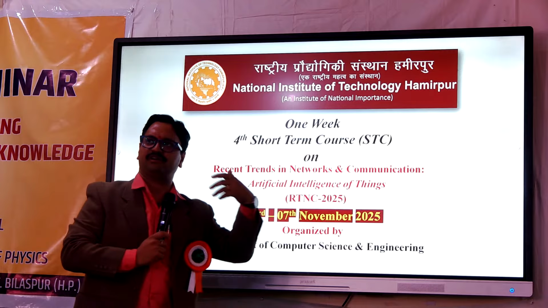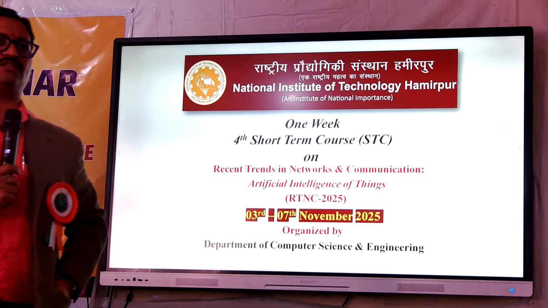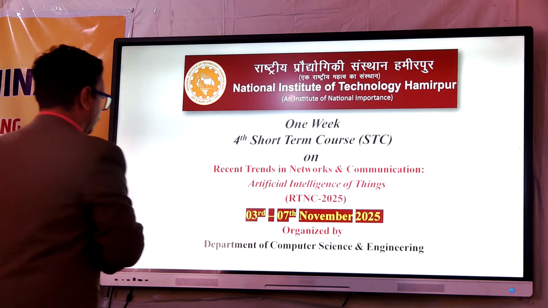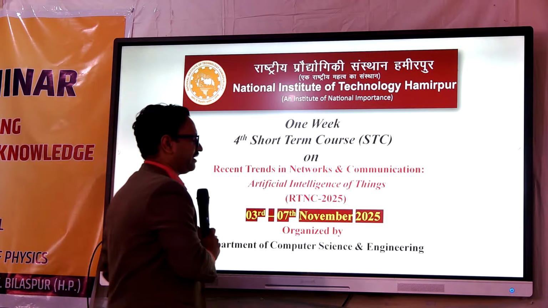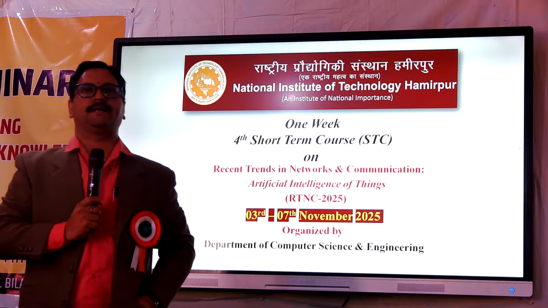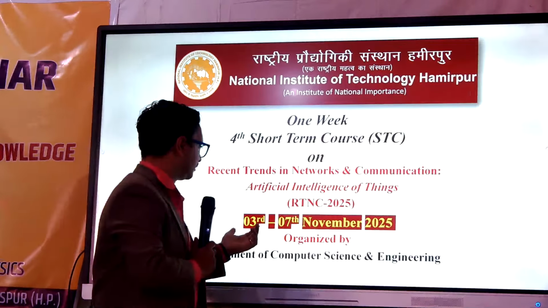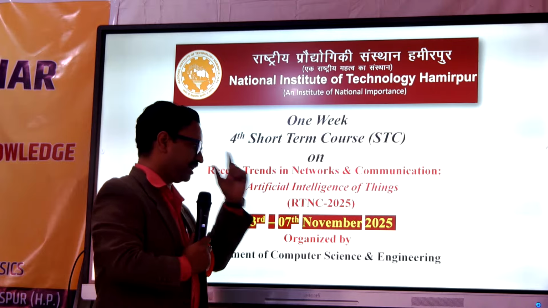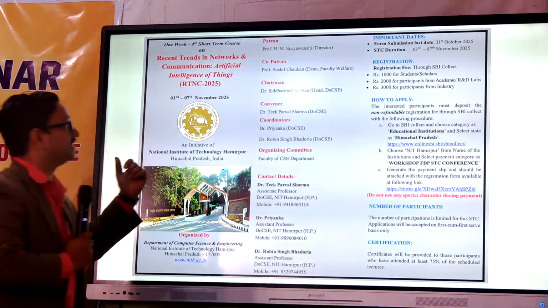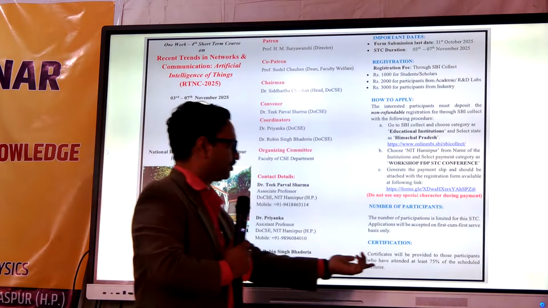We have heard about IoT, but now AI plus IoT is also bringing new aspects in the technological era. So that involves the study of the different IoT devices as well as drones. This is organized from 3rd to 7th November at our department, and the registration is still open. You can find the details on the NIT Hamirpur website. So you all are welcome to join us in this.